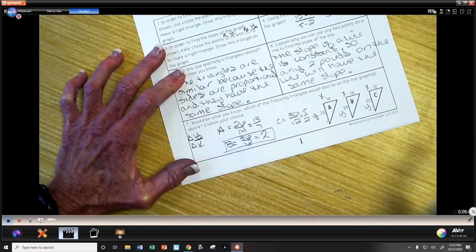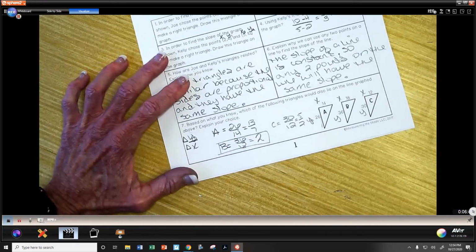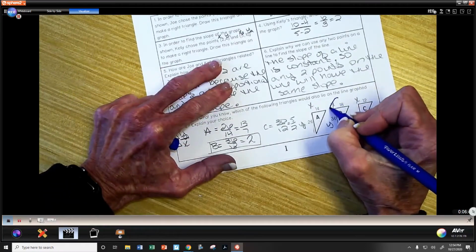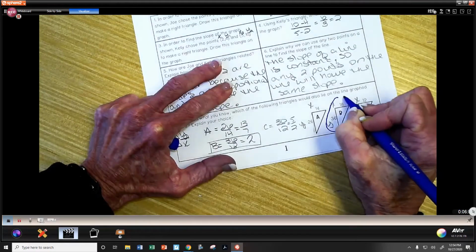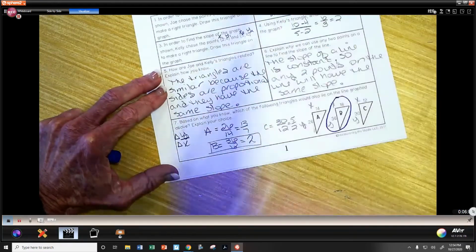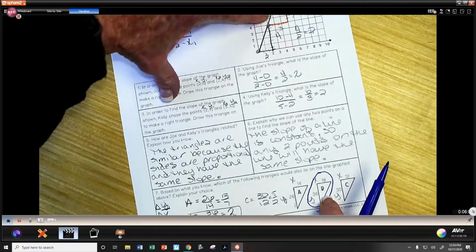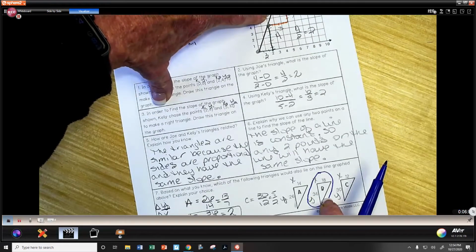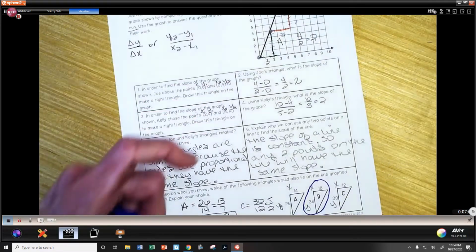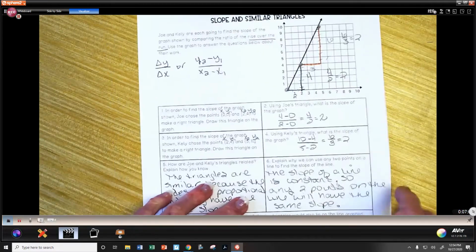So it has to be B. So B would be the triangle that would also lie on there. So if we drew that triangle on here, it would fall right on that line, and it would have the same slope. All right, flip the page.